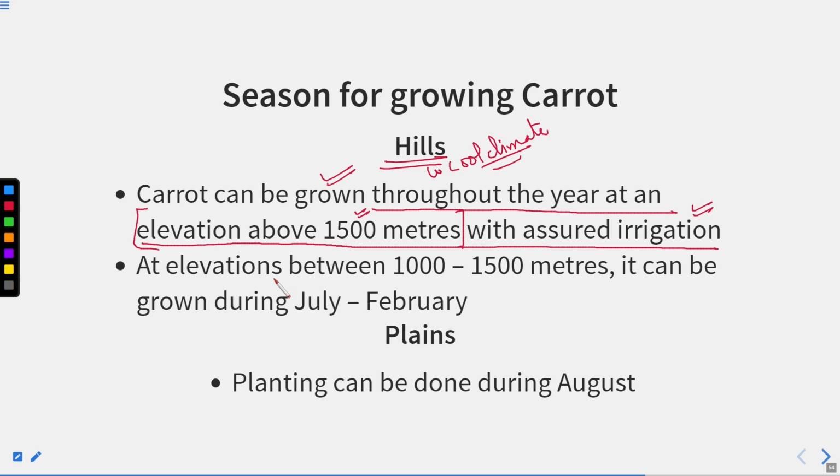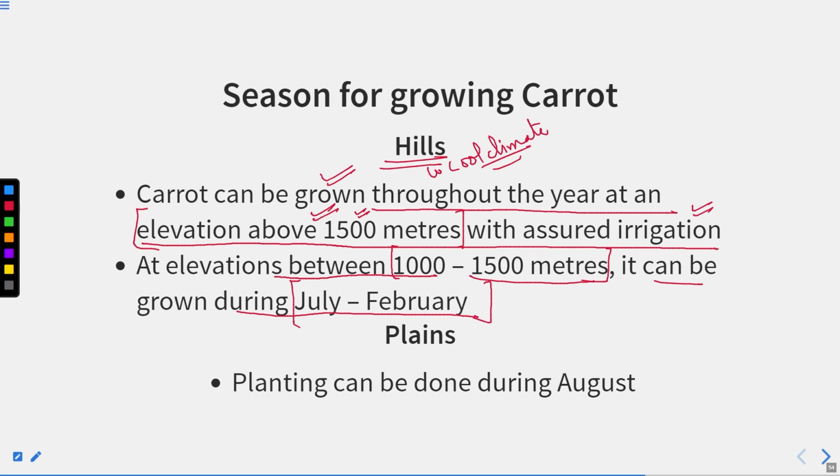Now, at elevations between 1000 to 1500 meters, it can be grown from July to February. So this is above 1500 meters, and this is 1000 to 1500 meters.